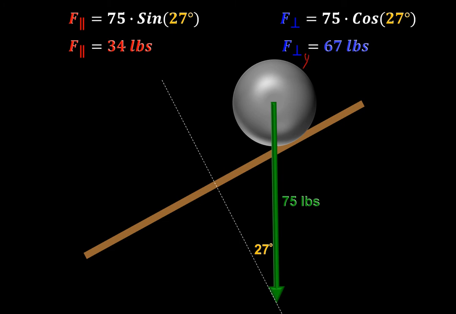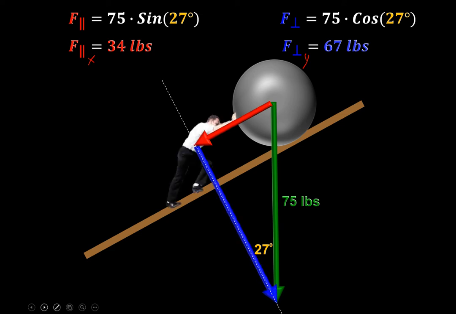That is your perpendicular. This is parallel, so that's your force of gravity in the x. X and y. So how much force would you have to be pushing to make sure the ball doesn't roll? To balance out would be 34. You're absolutely correct.